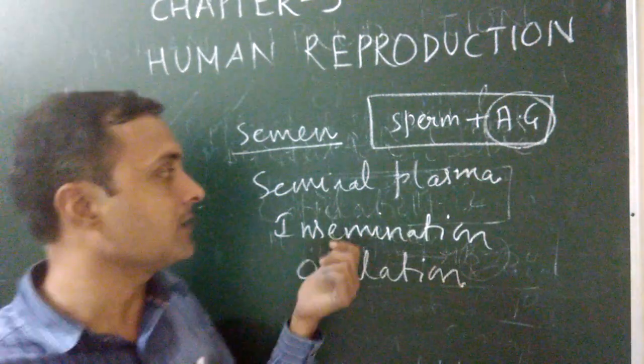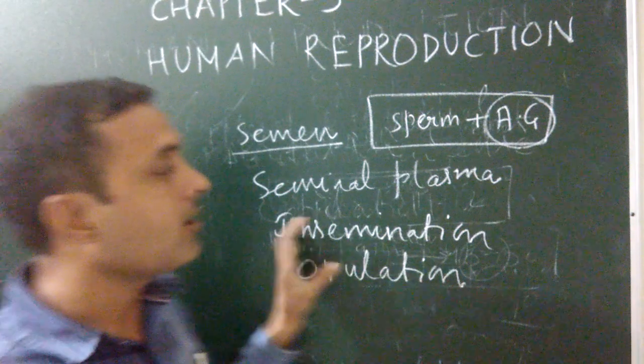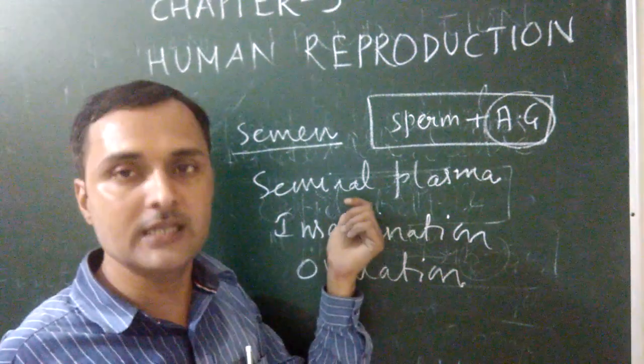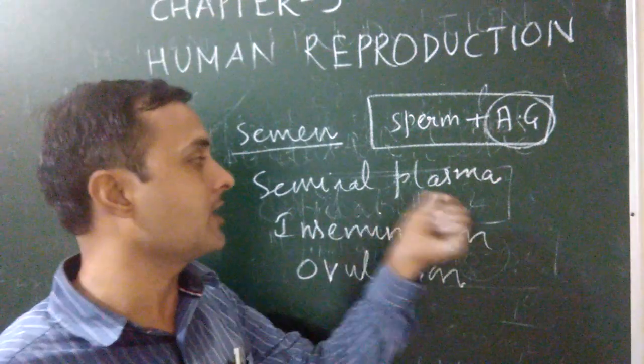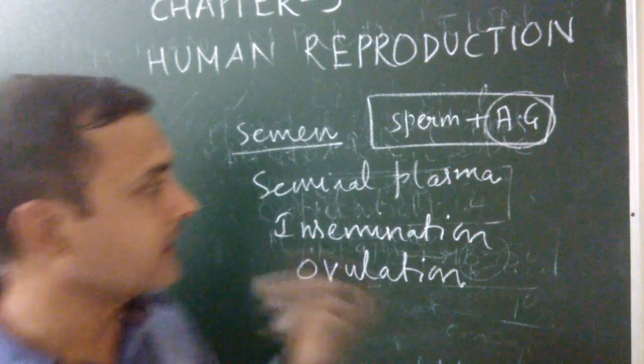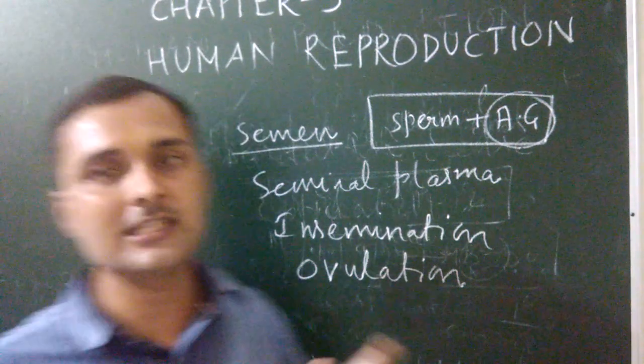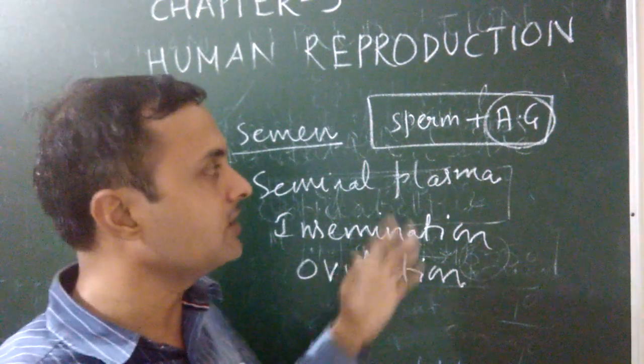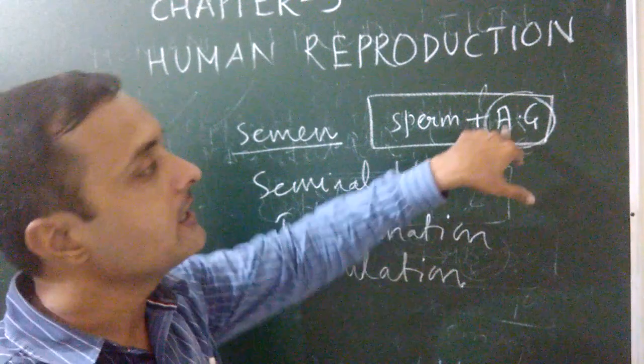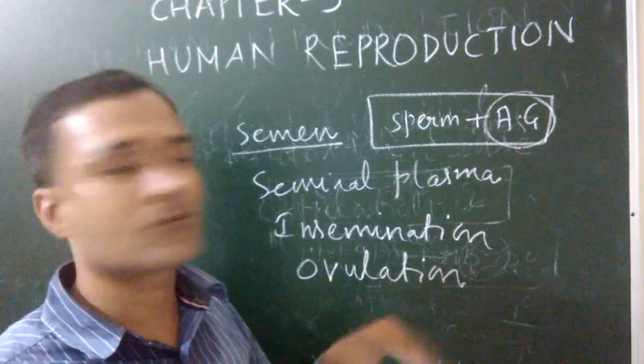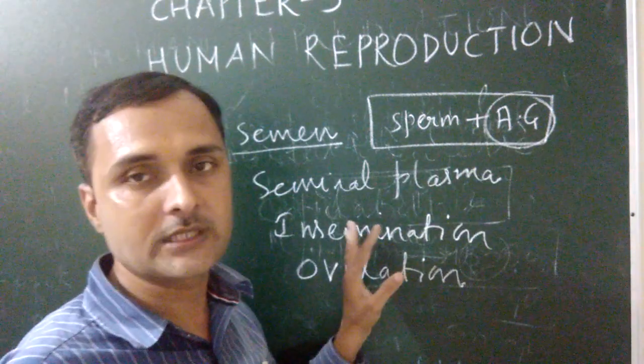And what is seminal plasma? The fluids of the human male accessory glands collectively are known as seminal plasma. Seminal plasma contains the fluids secreted from the three accessory glands in human males, that is seminal vesicle, prostate gland and Cowper's gland.